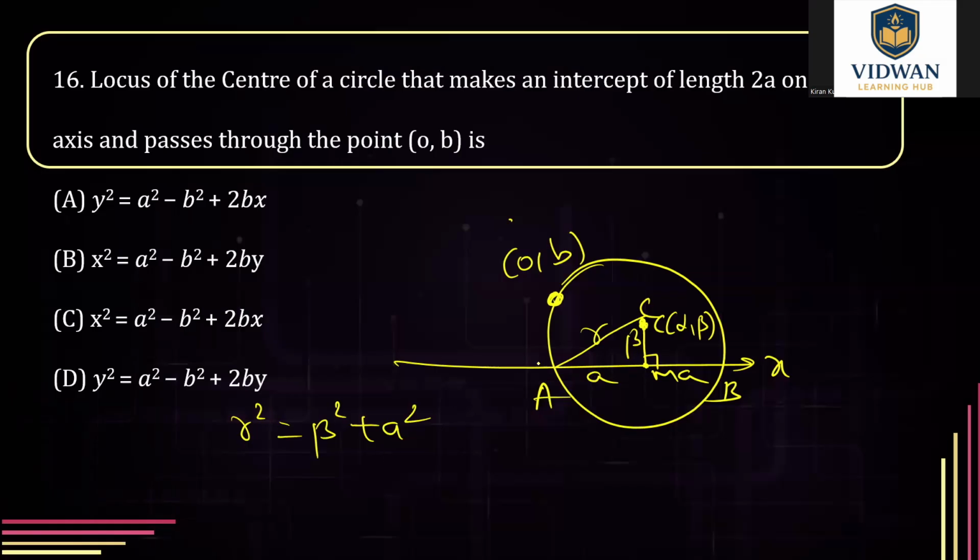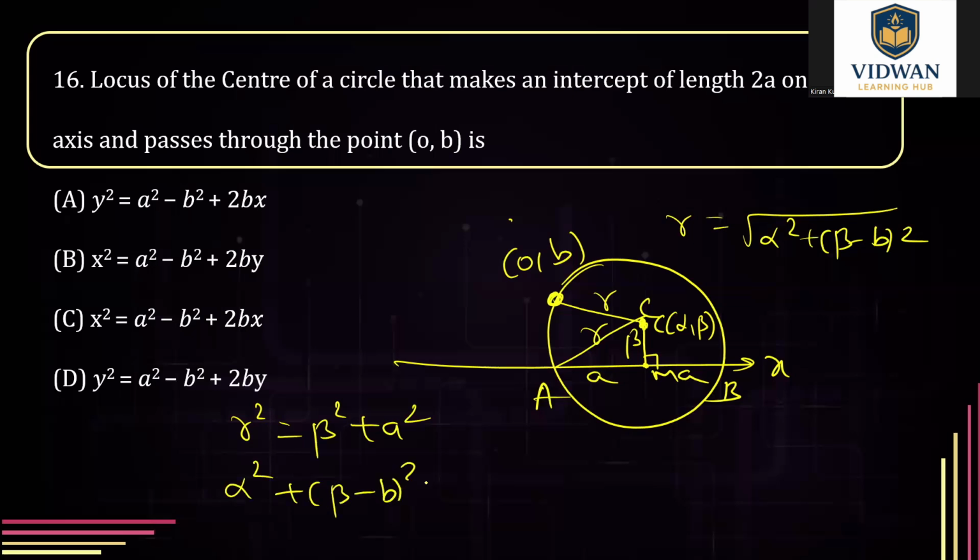I can also write the value of radius, because the radius is also the distance between these 2 points. So r is also equal to root of alpha square plus (beta minus b) whole square using the distance formula. So this value of r you substitute here. So without the root, alpha square plus (beta minus b) whole square equal to beta square plus a square. Now just expand it.